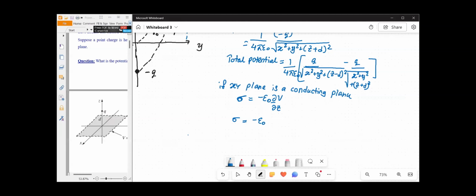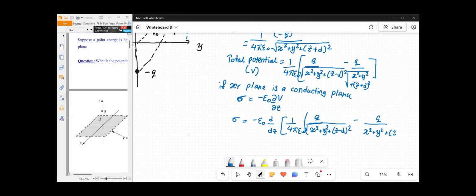Since we only have one direction, the z direction, we can consider an ordinary differential equation, d over dz of 1 over 4 pi epsilon naught times the total potential V, which is Q over the square root of x squared plus y squared plus z minus d squared, minus Q over the square root of x squared plus y squared plus z plus d squared.